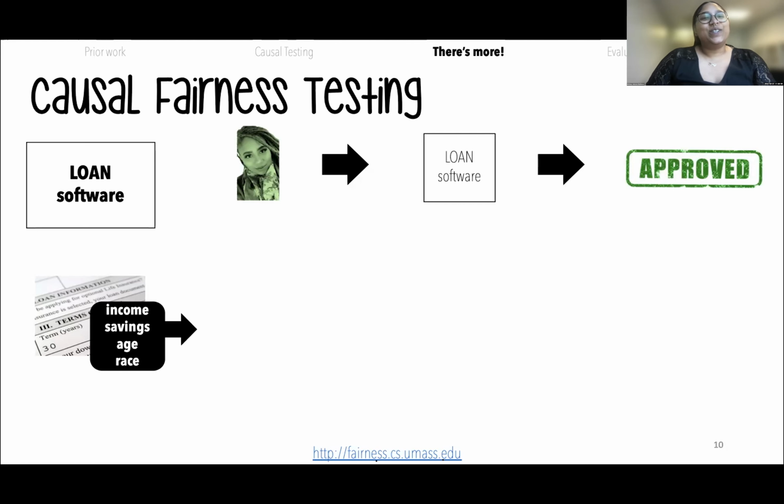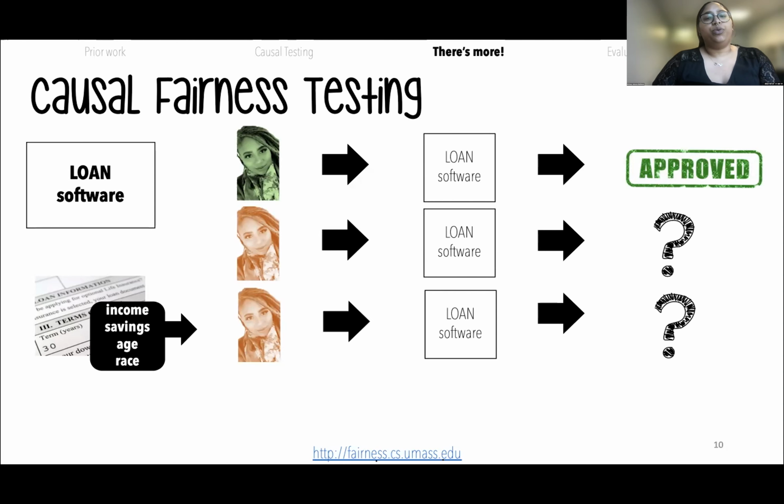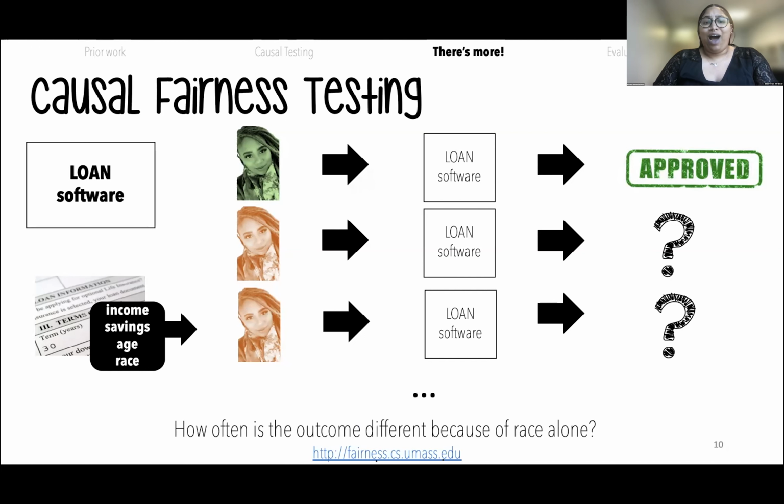Based on that test, causal testing makes small singular changes to the input. For example, changing green Brittany's race to orange Brittany, and conducts the same test where we feed it into the software and observe the outcome. Flip one additional attribute, one singular attribute, observe the outcome. And we do that over and over again within some threshold to help answer questions such as, how often is the outcome of my software different just because of race?